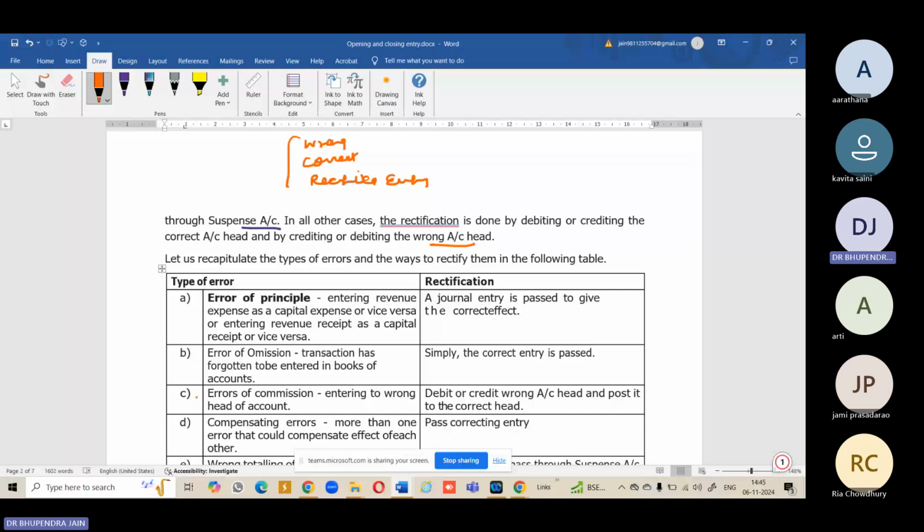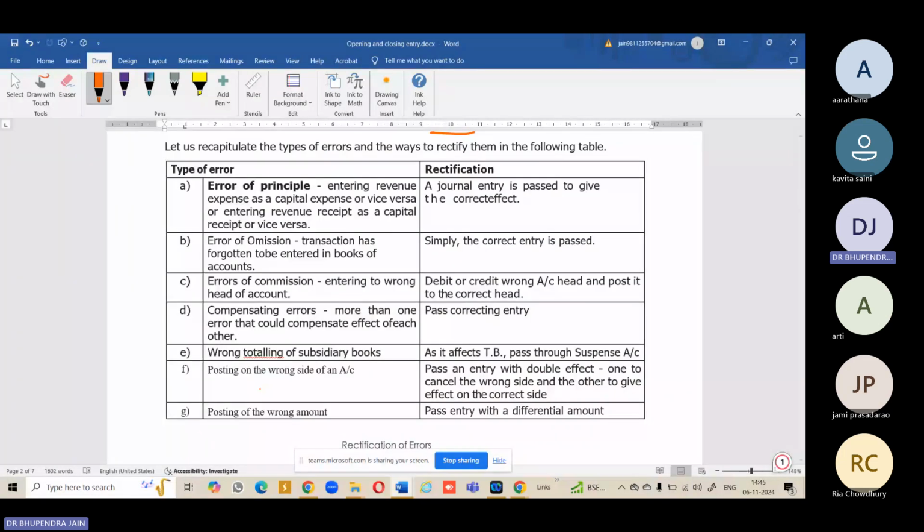Now, we have discussed all types of errors in the class, in the last to last class. Number one is the error of principle.